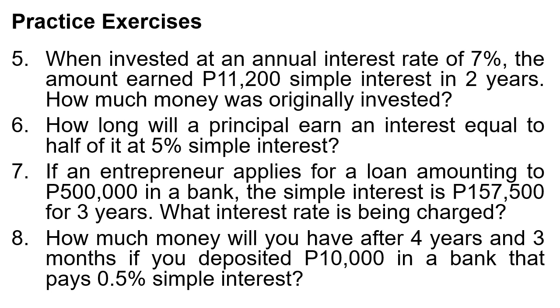Number 6, how long will a principal earn an interest equal to half of it at 5% simple interest? Number 7, if an entrepreneur applies for a loan amounting to 500,000 pesos in a bank, the simple interest is 157,500 pesos for 3 years. What interest rate is being charged?